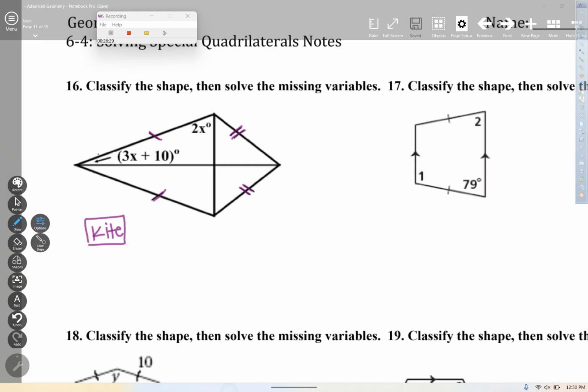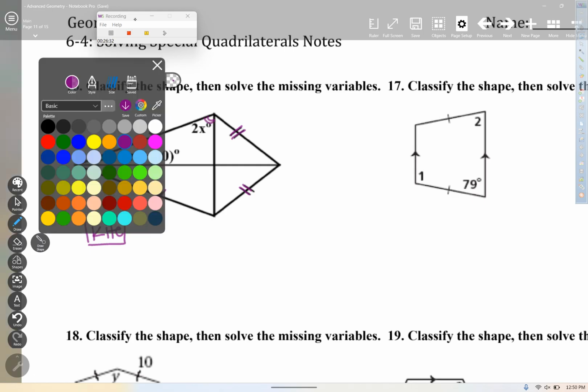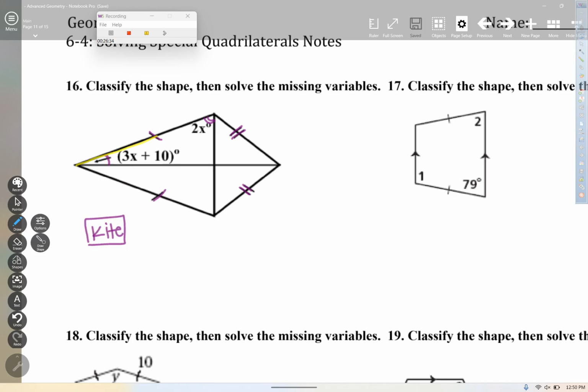So all I have here is this angle and this angle. But if I look, they're inside one triangle, which is nice, because something I know about the diagonals of a rhombus or of a kite is that they meet at 90. So I know 90 is in the center, okay? And I know that all of that equals 180 degrees.